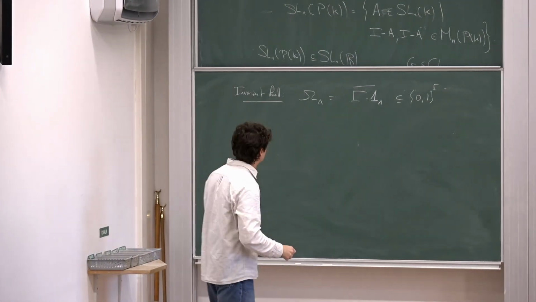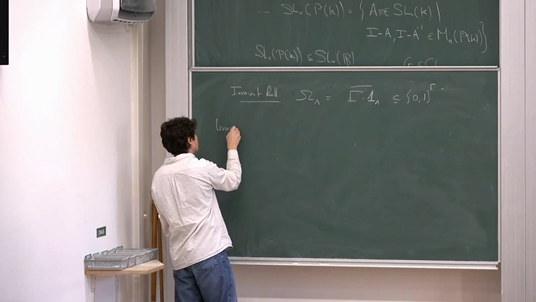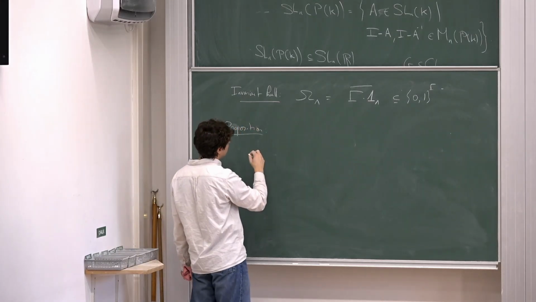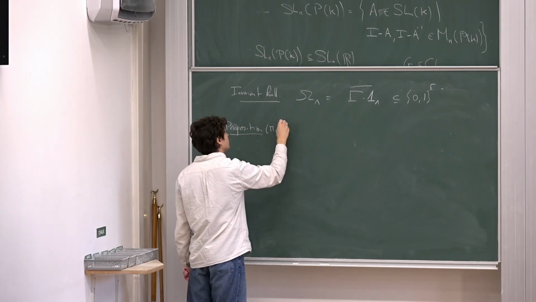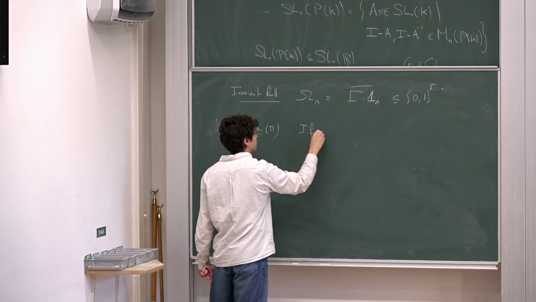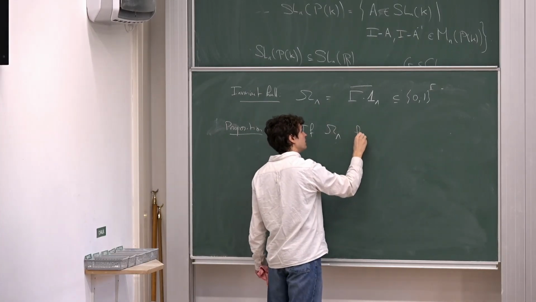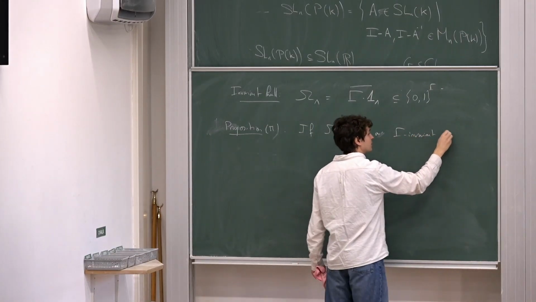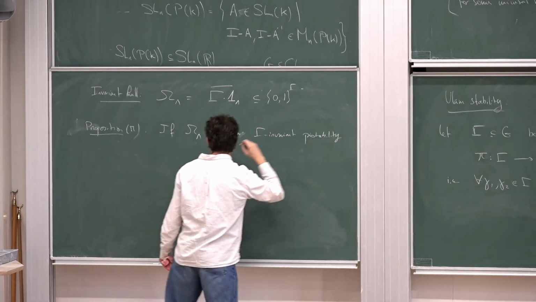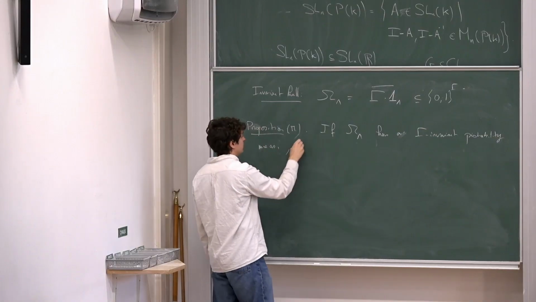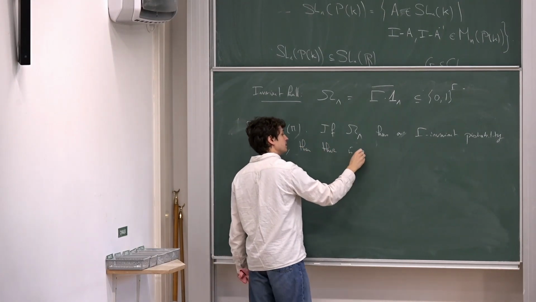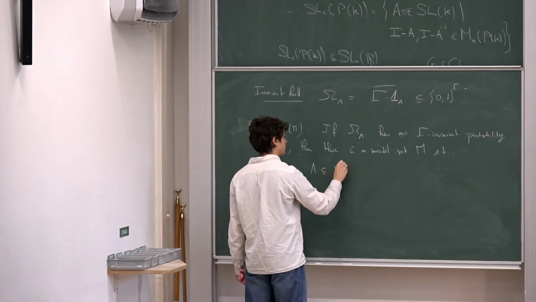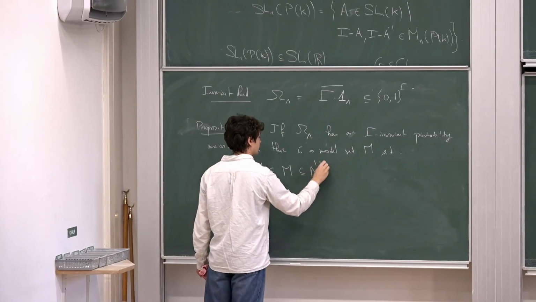Okay? And a lemma or proposition is that if omega lambda has a gamma invariant probability measure, then there is a model set M. I think it's 16.